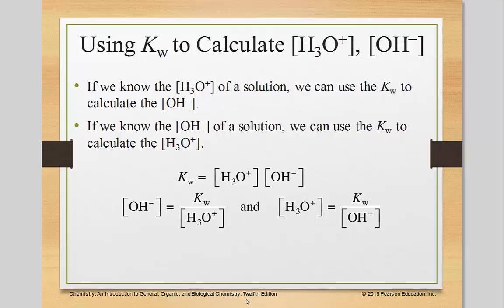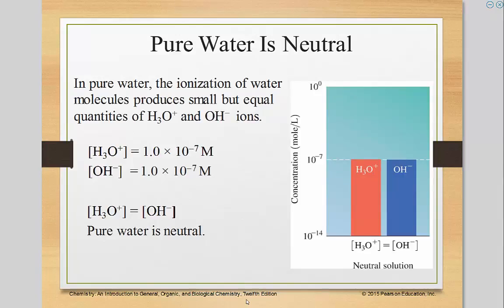If we know the concentration of either one of these, we can actually calculate the one that we don't know. So if we know H3O plus, because this is constant, this will always be 1.0 times 10 to the negative 14. If we know one of these, we can figure out the other one. So at neutral, the concentrations are the same.